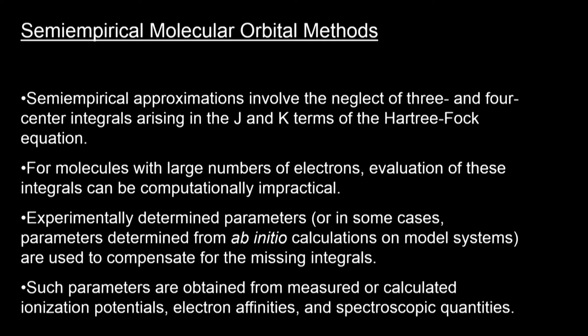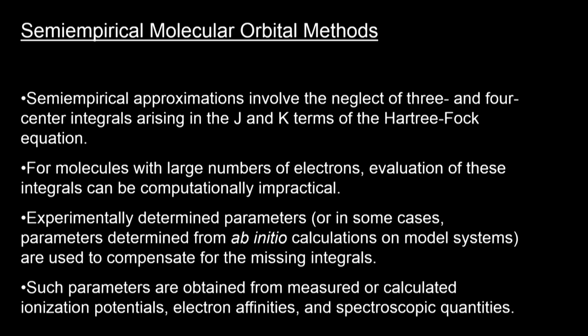So, we neglect, okay, we take only 1 and 2. So, many of them are experimentally determined parameters or sometimes from ab initio calculations, used to compensate for the missing integral. So, if you neglect higher order integrals, you can approximate it from the parameter, okay, which are calculated experimentally or through ab initio calculation.